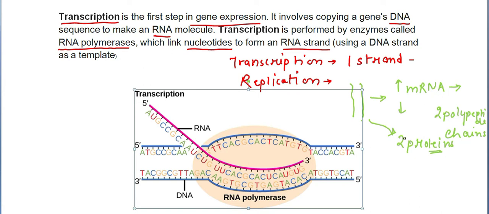The formation of two proteins from a single DNA molecule will hamper the genetic information transfer machinery, right? The genetic information transfer machinery will be disturbed. So this is the reason the two strands of the DNA are not involved.